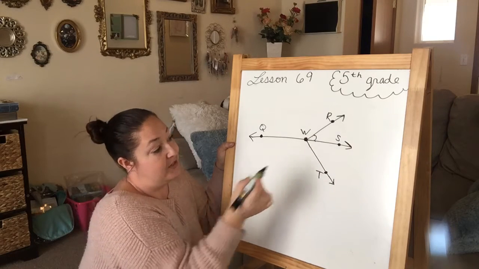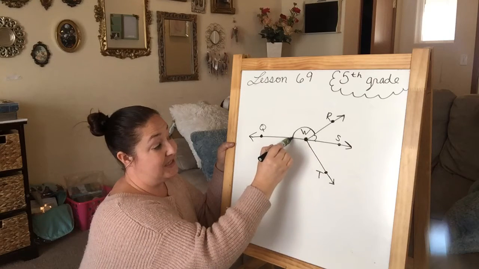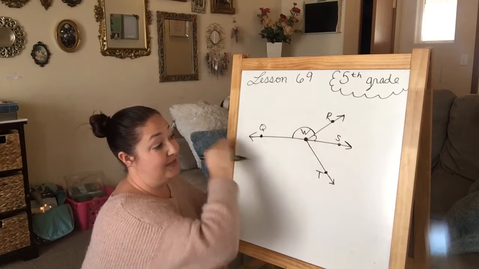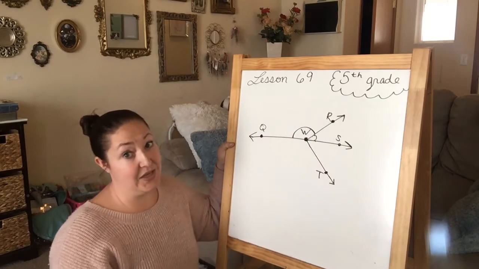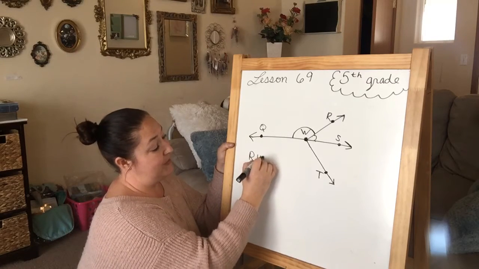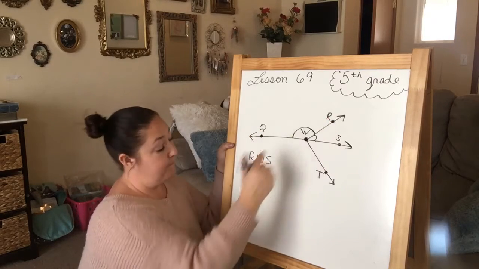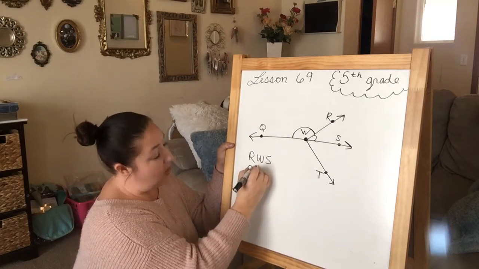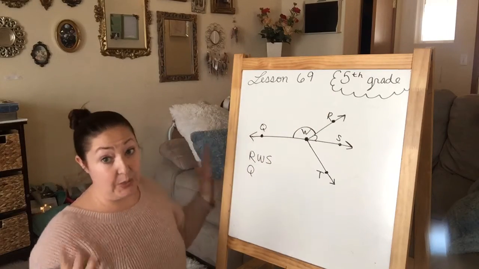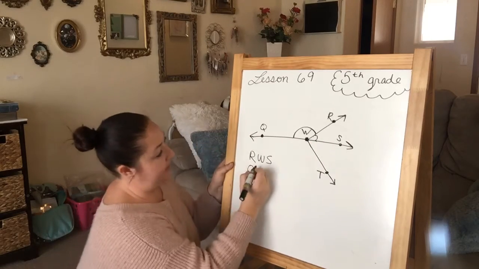We don't know how much it is, but we do know that this line goes straight. So we do know that QWR plus RWS is completely straight. That means it equals 180. So the supplement of RWS is QWR, because RWS added to this angle, QWR, equals 180 degrees because it's completely flat. It's 180 degrees. QWR.